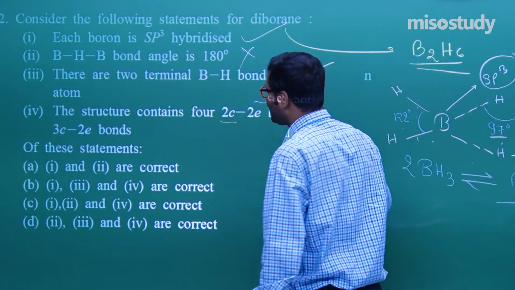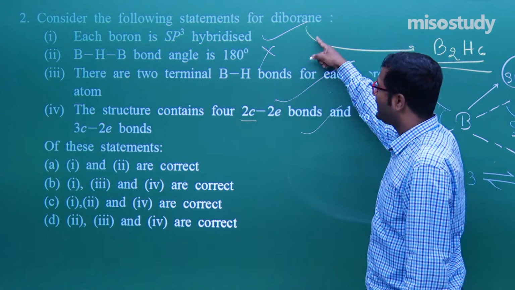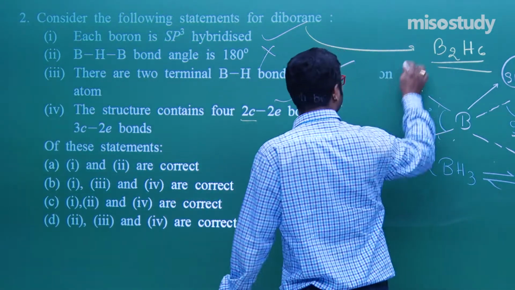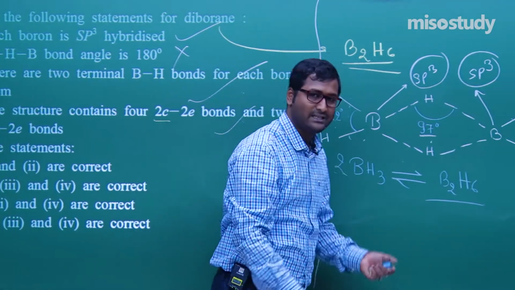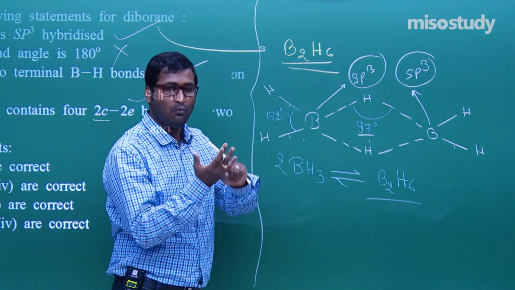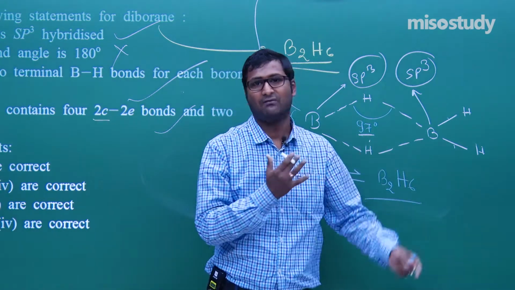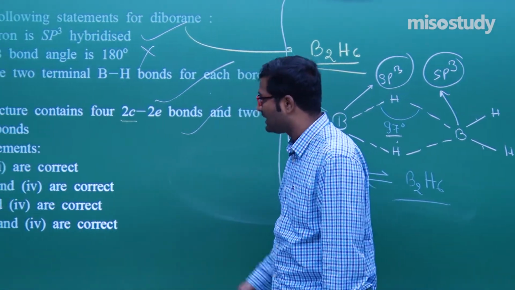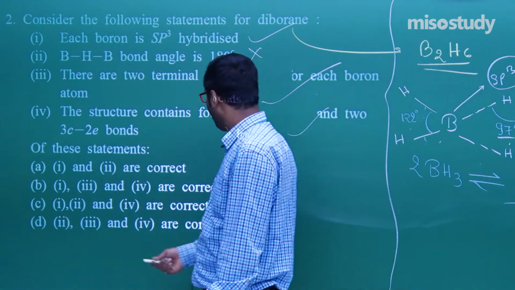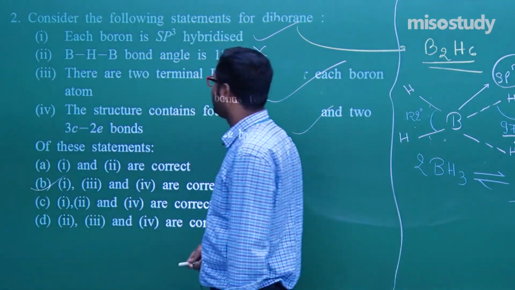Yes, this is correct. So the first, third and fourth statements are correct, which you can easily observe by looking at this structure. So check the question here, first, third and fourth are correct. So option B is the correct one.